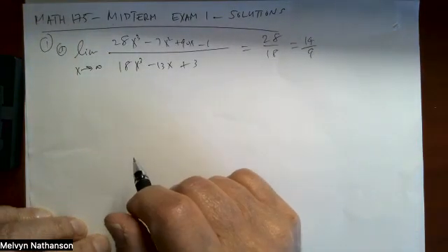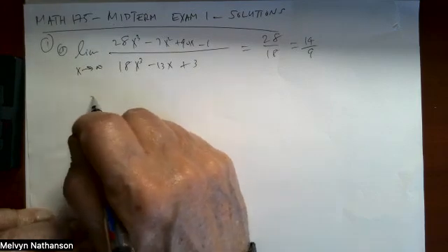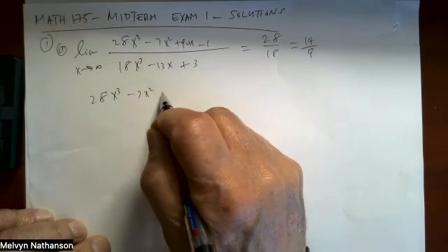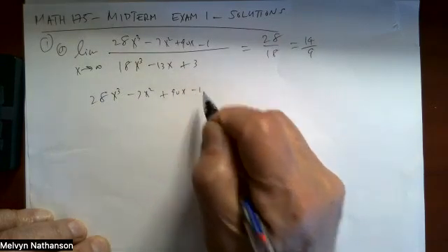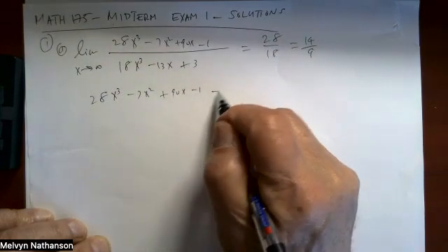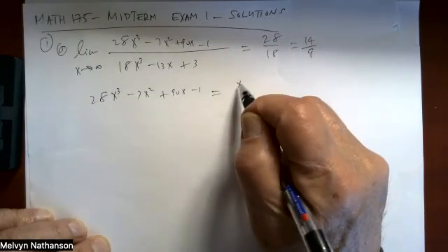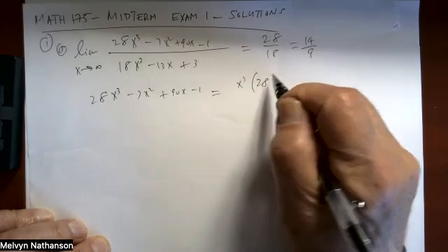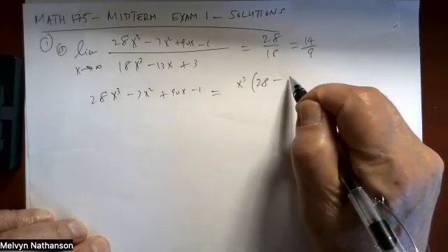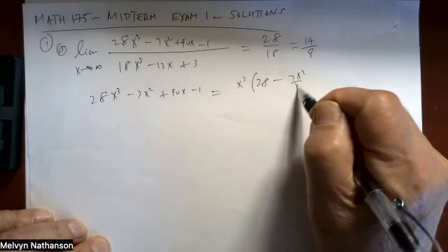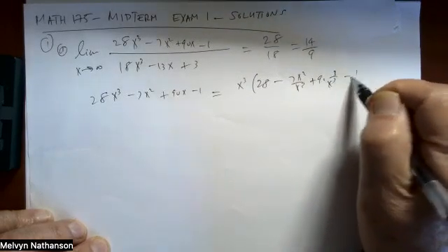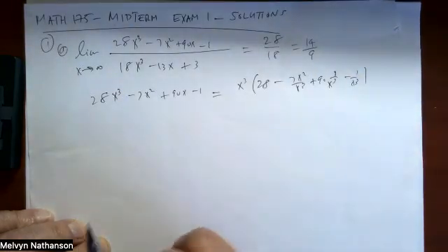And if you want to understand why that's the case, if you take 28x cubed minus 7x squared plus 90x minus 1, you could always factor out x cubed from the numerator, and you get an expression that looks like this: 28 minus 7x squared over x cubed plus 90x over x cubed minus 1 over x cubed.